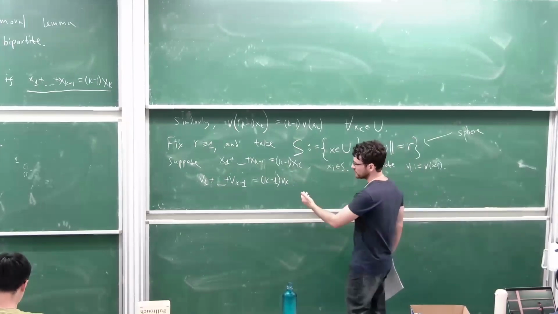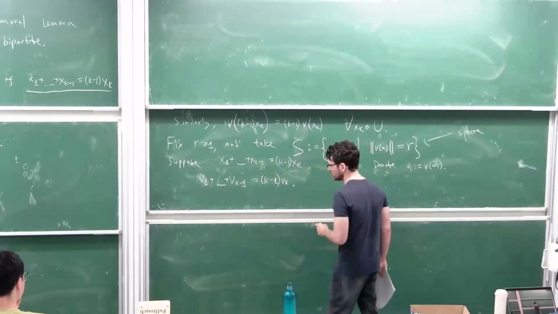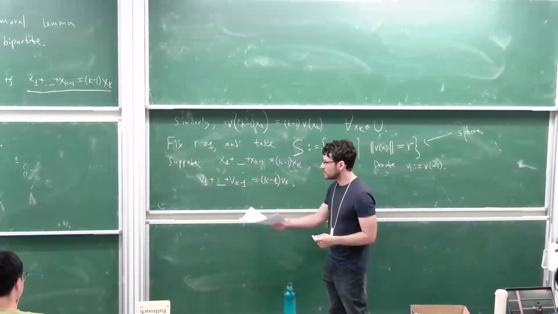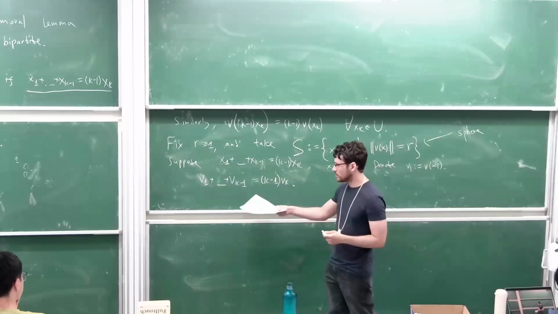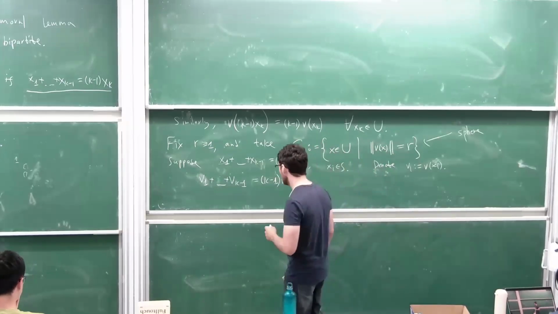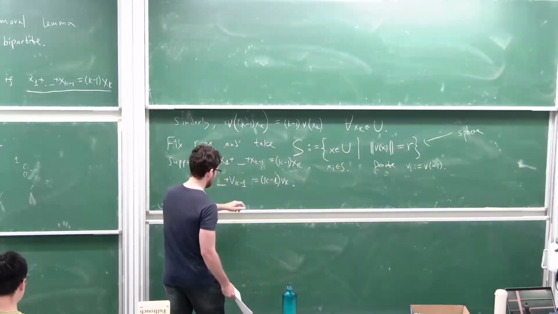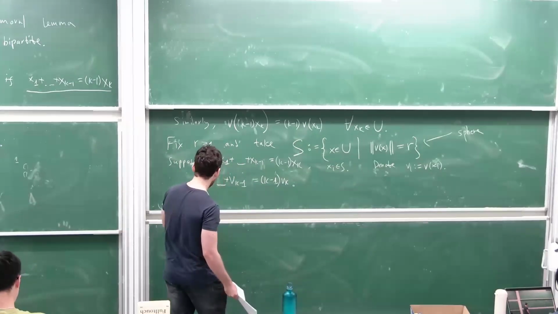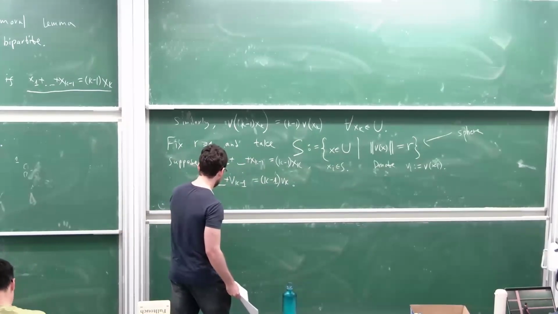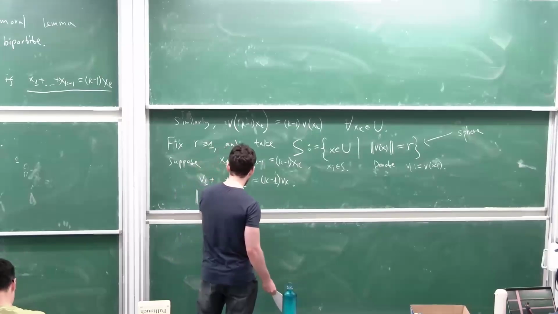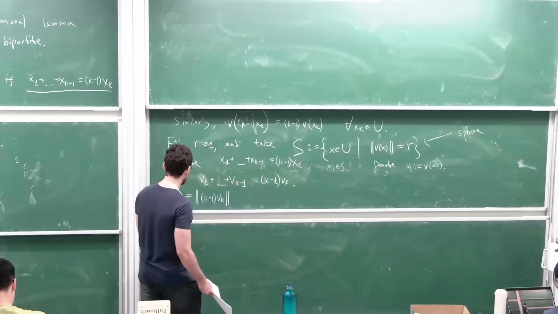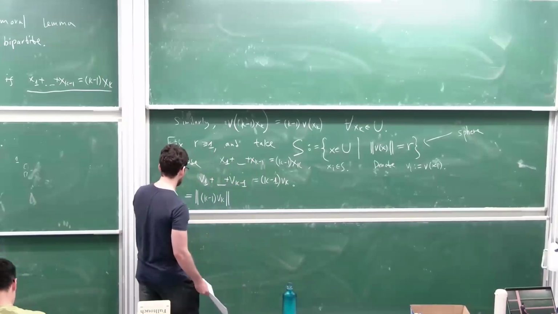So let's prove that this is impossible. The way to do it is we'll take norms of both sides and we'll apply Cauchy-Schwarz. Okay, so if we take norms, then the norm of (k-1) times vk is just (k-1) times r.